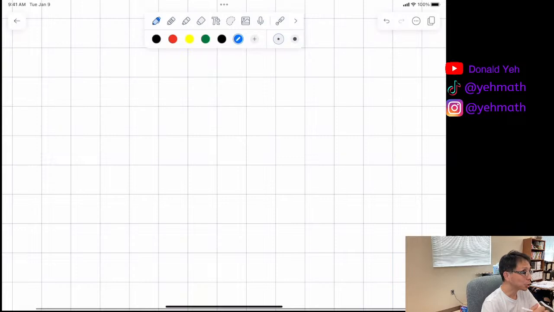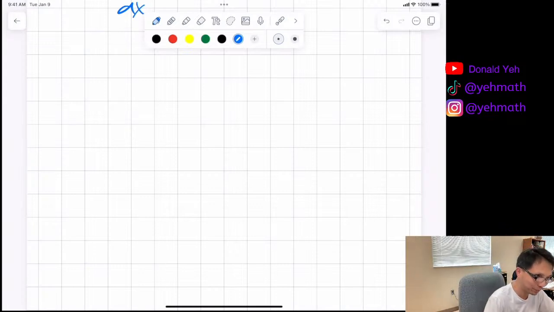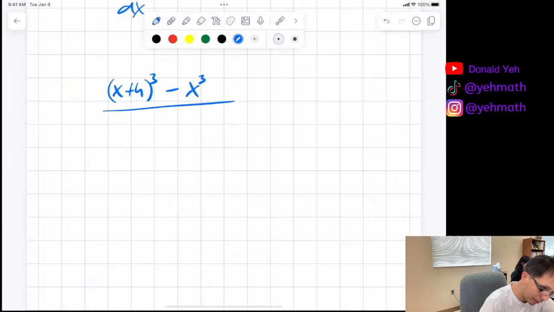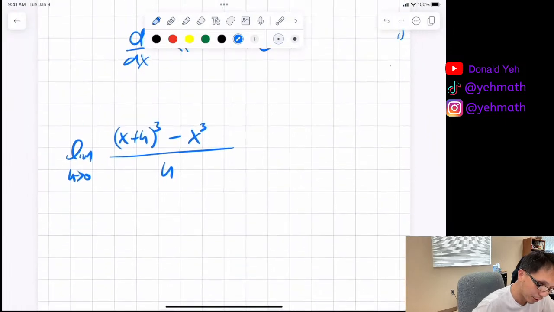Do you know what binomial expansion is? Let's say we have (x plus h) to the third power minus x to the third power, over h, when the limit as h approaches 0. Let me show you that this is how the power rule works, because this part is a binomial expansion. You guys know how to use binomial expansion?